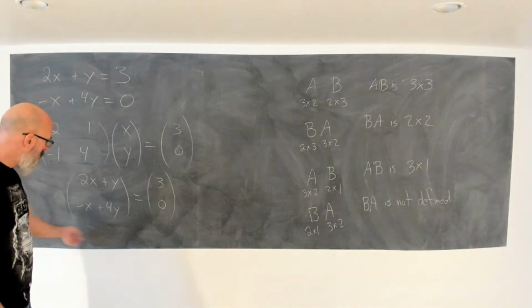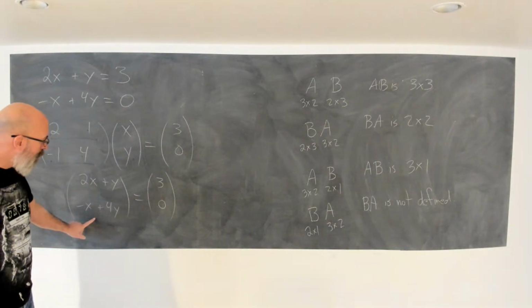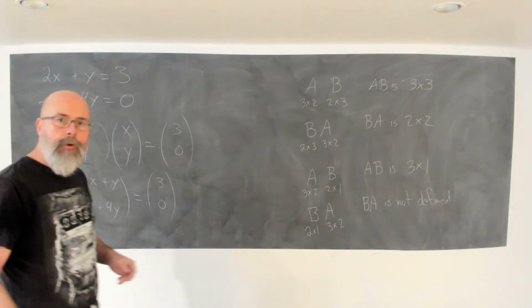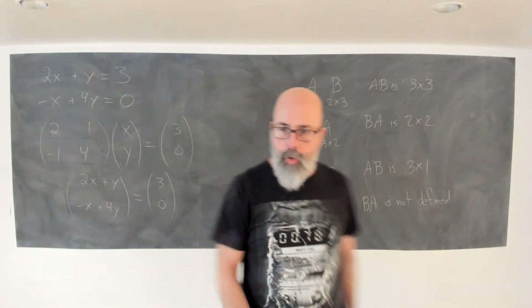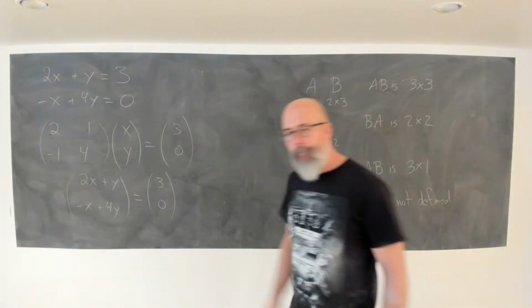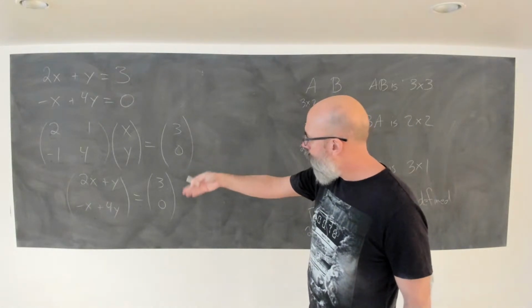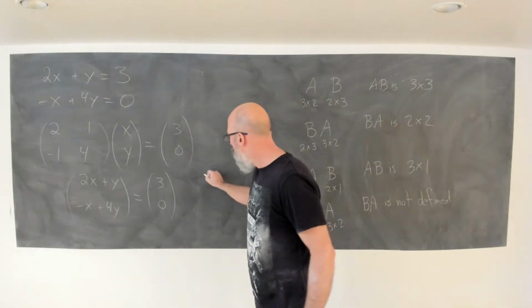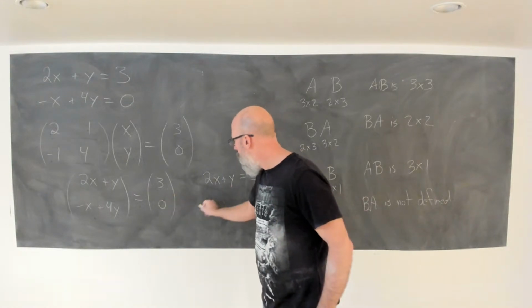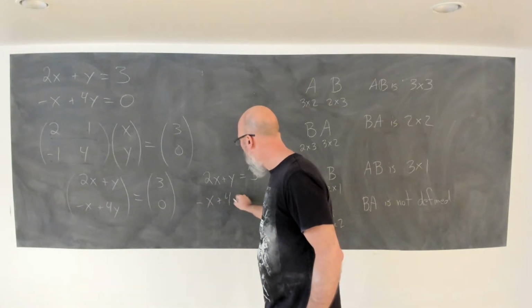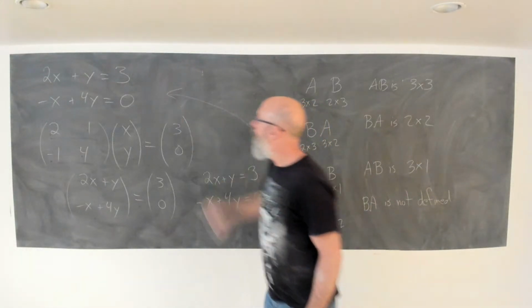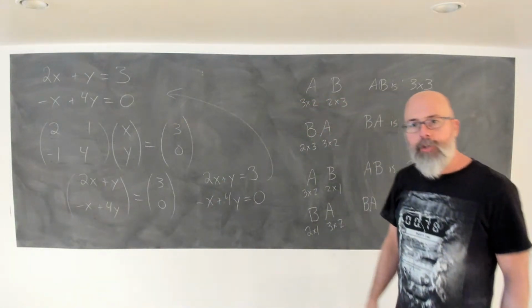Here we're saying that this 2x1 matrix is equal to this 2x1 matrix. And you know that this is only true if all corresponding entries are equal. So we need 2x plus y to be equal to 3, and we need minus x plus 4y to be equal to 0, exactly the system we started out with.